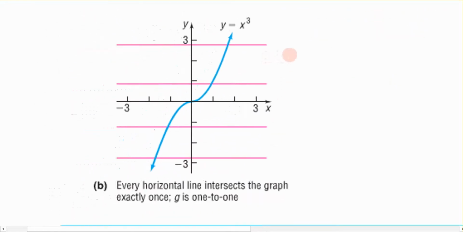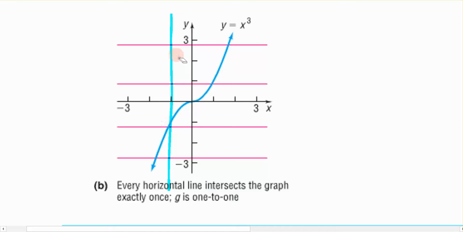Now let's go down here. Rather than looking at the ordered pairs to determine whether or not something is a function, we can do another one of those line tests, and this is where we have the horizontal line test. I know, first of all, that this y equals x cubed is a function because I can pass a vertical line across it and it only touches my function at one point.